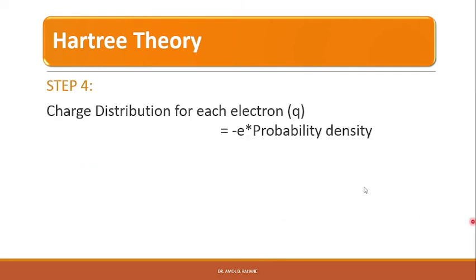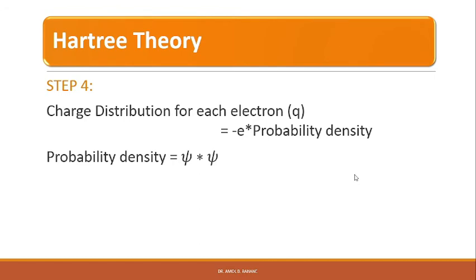Now, in the fourth step, the electron charge distribution of the atom is evaluated from the eigenfunctions specified in the previous step, right? So this is done by taking the charge distribution for each electron as the product of its charge, minus e, times its probability density function. This probability density function is given by psi star psi.